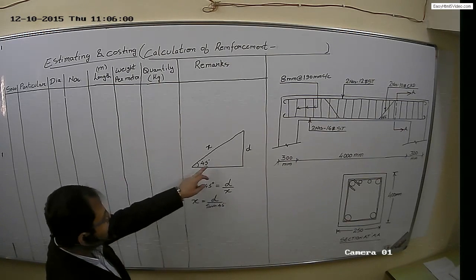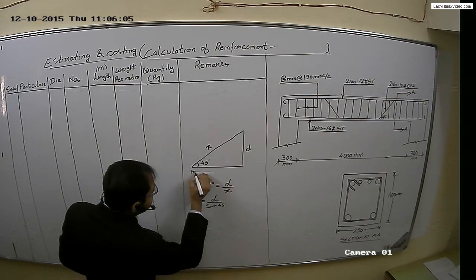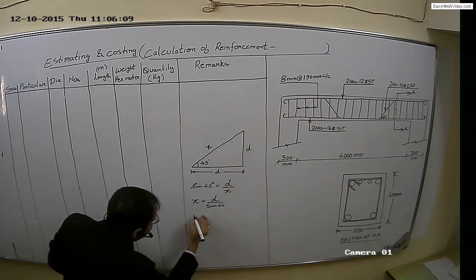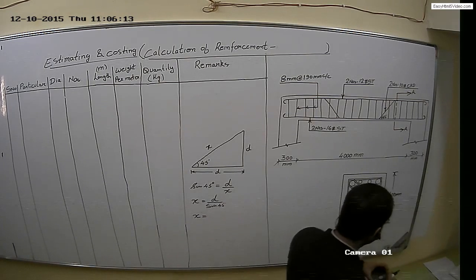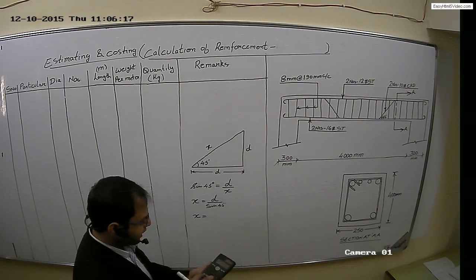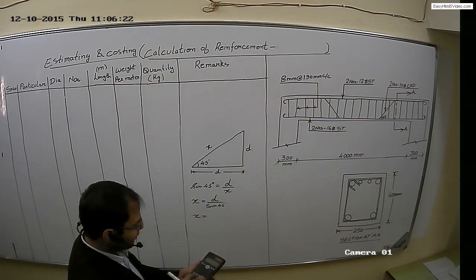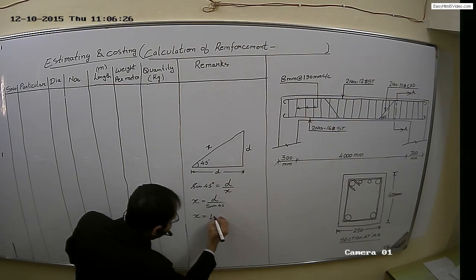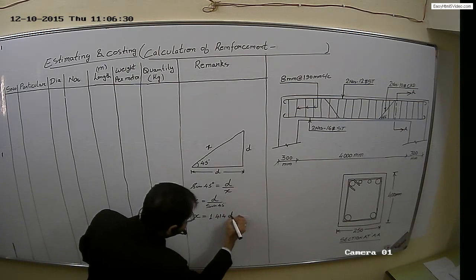Since we have 45 degree angle, base will be of D. Now X will be equal to 1 divided by sine 45, which is 1.414D.